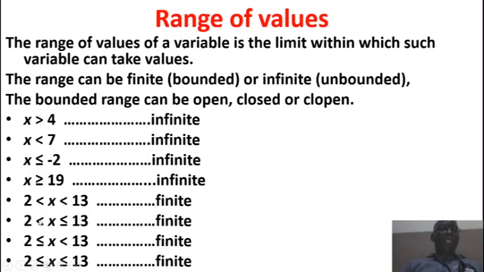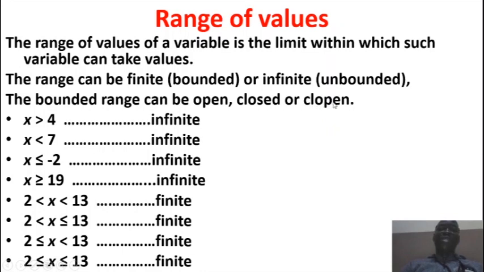But once there is an inclusion of both open and closed, whether left or right, such a system is called a half-open range or a half-closed range, otherwise known as clopen range of values.